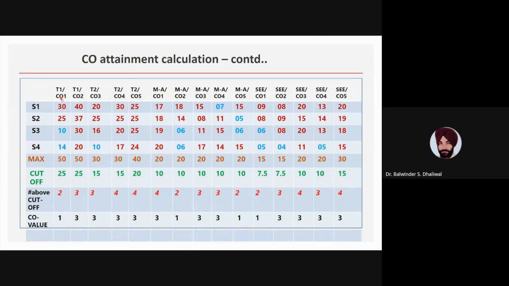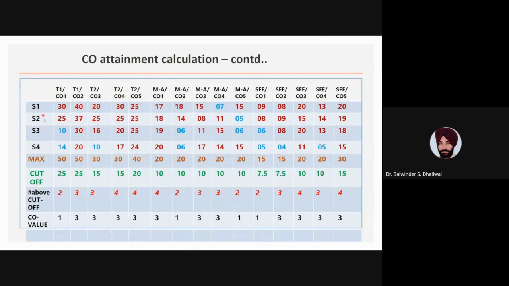CO1 and CO2 have been assessed through test 1, as well as through the model assignment, and each CO is assessed through the semester end examination. Test 1 is devoted to CO1 and CO2, test 2 is devoted to CO3, 4, 5. But the model assignments and end semester examinations cover all the COs, right?